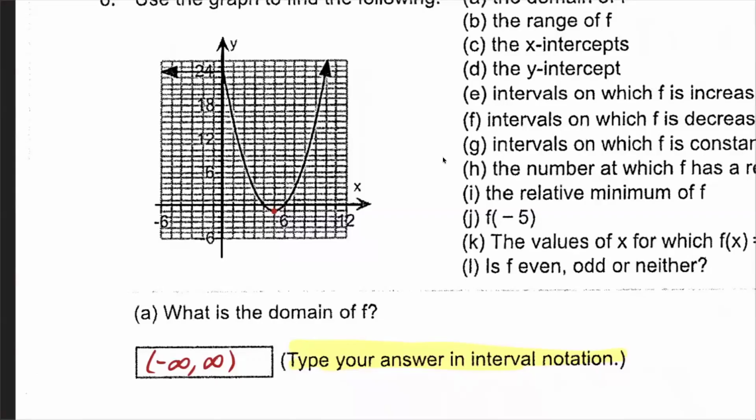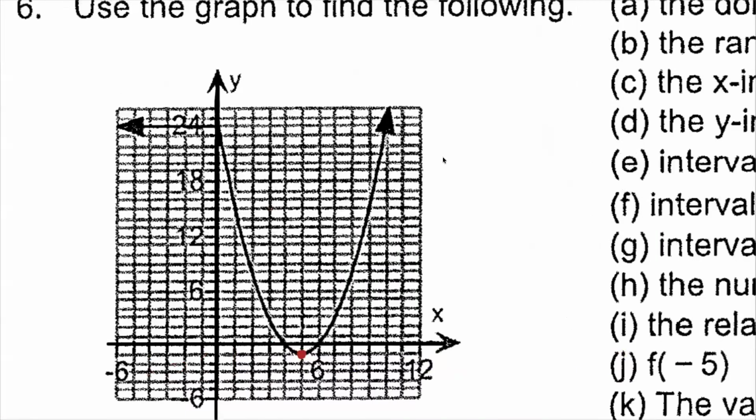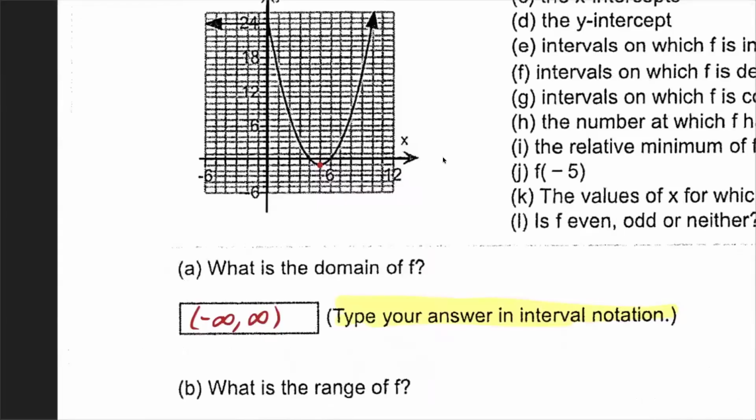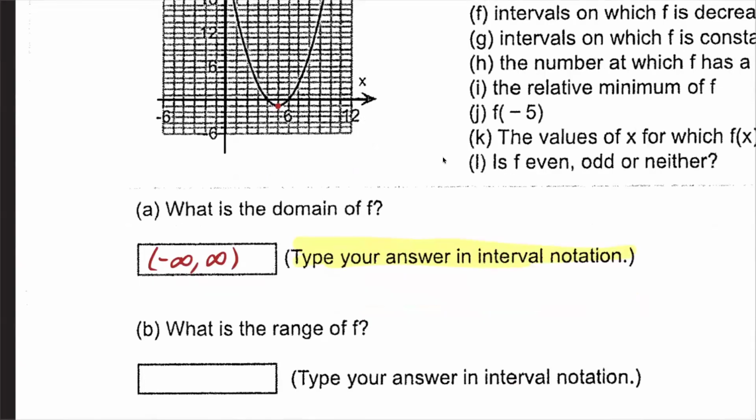You can't look at it and say, oh, it goes up to 24. Well, 24 is on the graph, but that's on the left side. It stops on the left up at 24, but on the right side, it goes up forever. So our range will be from -1 all the way to infinity.